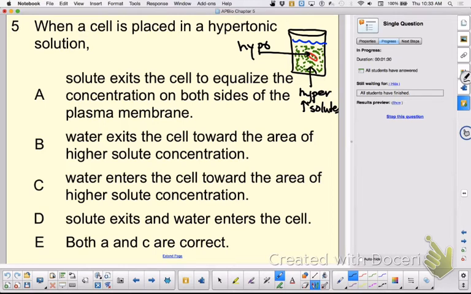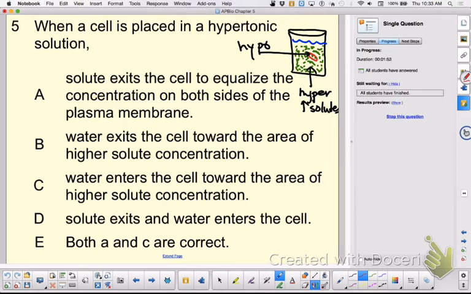So let's look at our choices. A: the solute exits the cell to equalize the concentration on both sides of a plasma membrane. Let's first of all talk about that. That would assume that the solute could cross the membrane. Which way would the solute want to go?